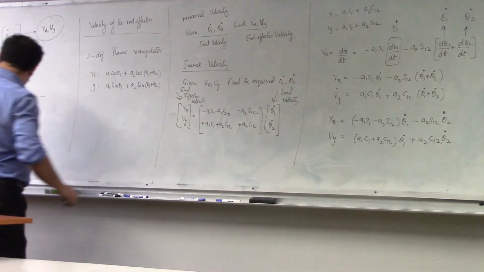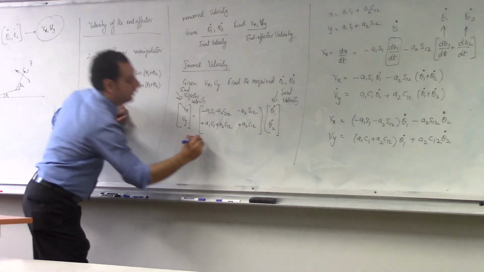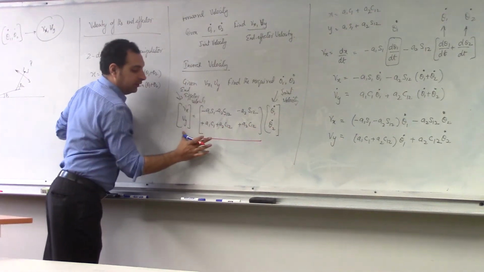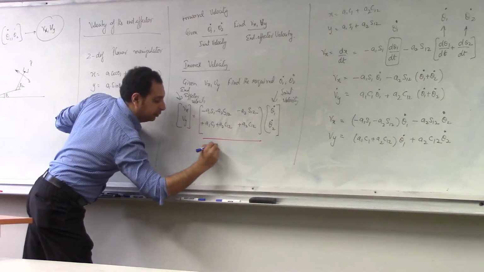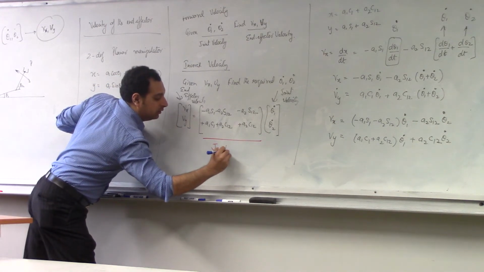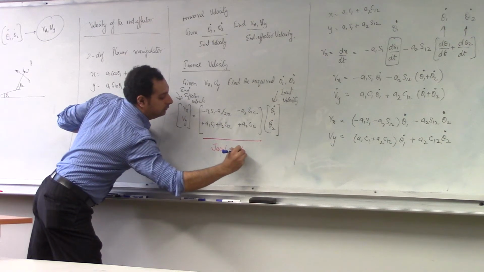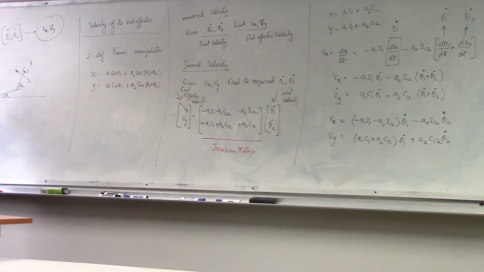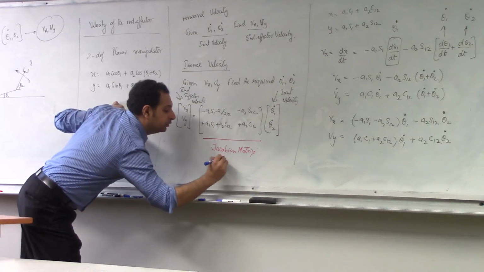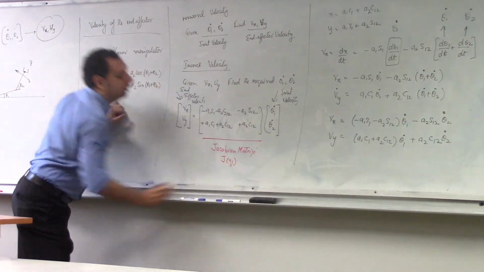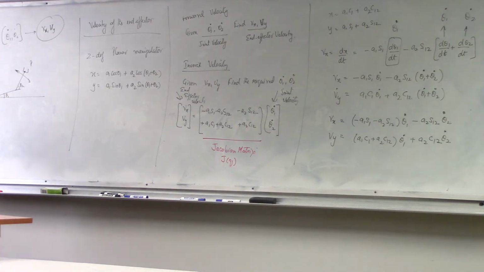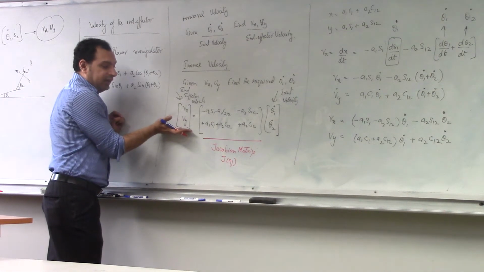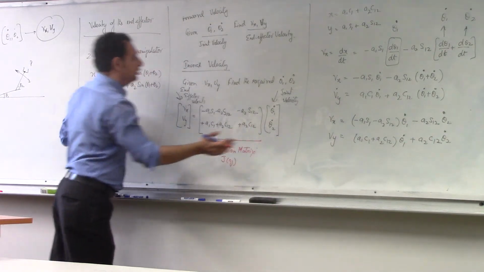This matrix here, which provides a relation between the end effector velocity and joint velocity, is called a Jacobian. A Jacobian matrix is represented as J of Q. It provides a mapping between end effector velocities and joint velocities.